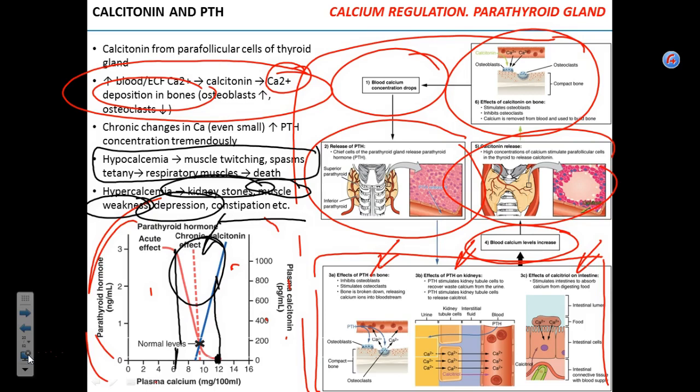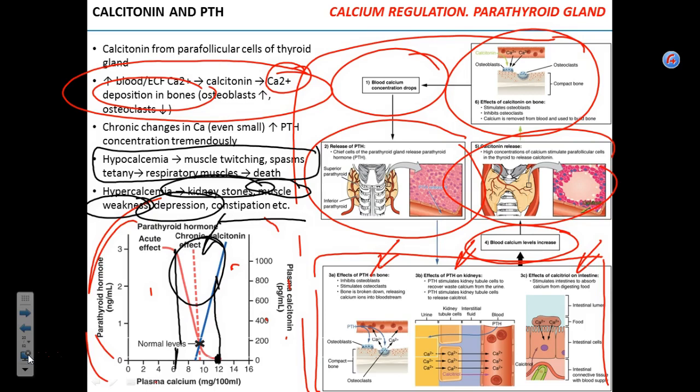And what I want you to very clearly understand here, which is honestly, come on, it's very simple. PTH increases calcium levels in the blood. Calcitonin decreases it. PTH comes from the parathyroid or chief cells in a parathyroid gland, calcitonin comes from parafollicular cells in the thyroid gland.